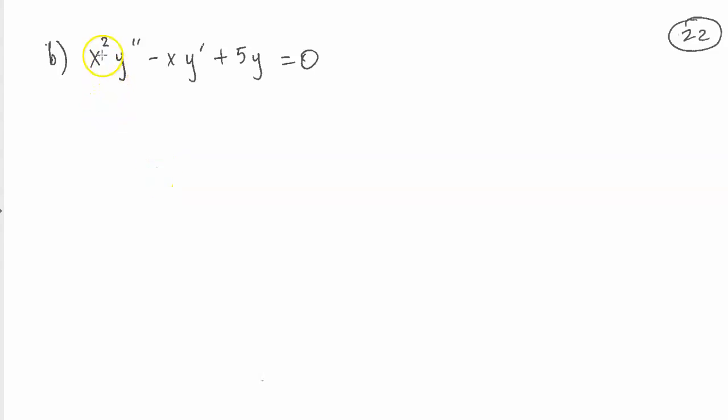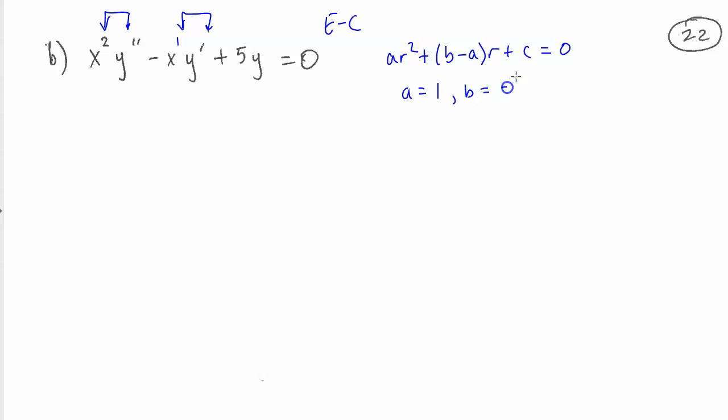All right, so for our next case 3 example here, again, we see the equidimensional thing going on here. So we know that this is an Euler-Cauchy equation, our indicial equation is just this. And here we realize that A is 1, B is -1, and C is 5.